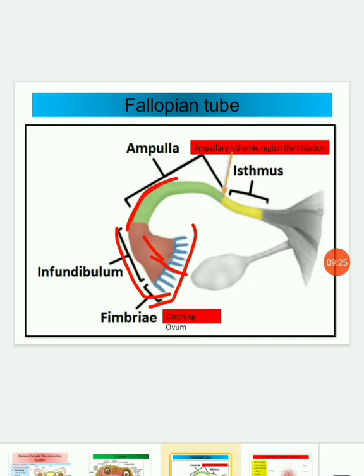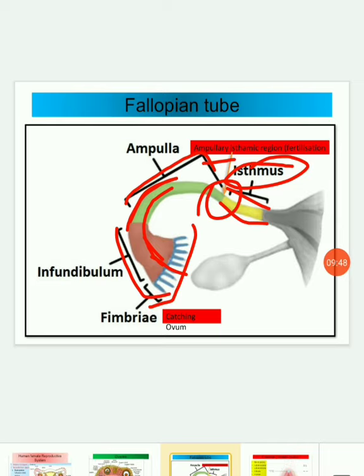Now the next portion is the ampulla. The ova will move towards the ampullary region, which is a little bit wider portion. Further on from the ampulla is the isthmus. In between the ampulla and isthmus there is a region called the ampullary isthmic region.